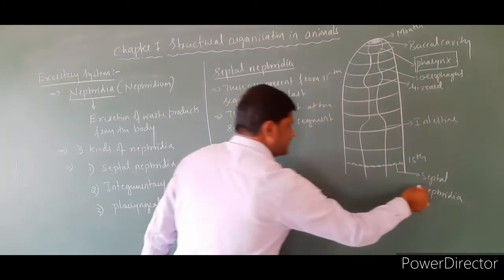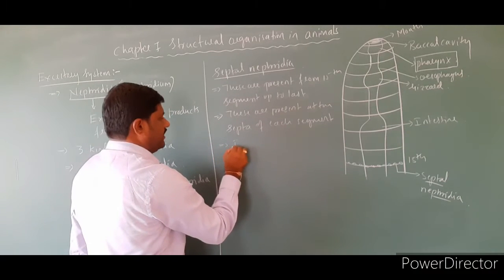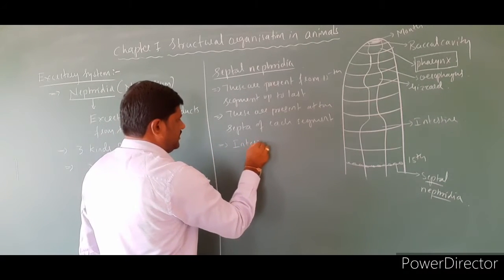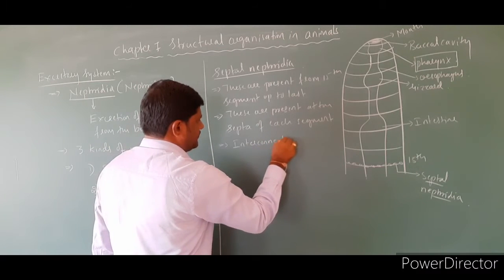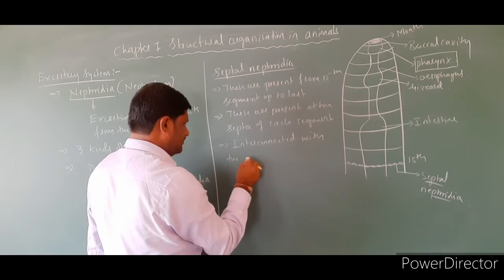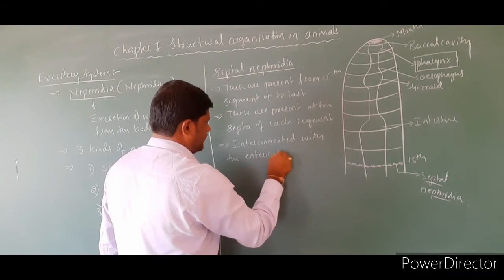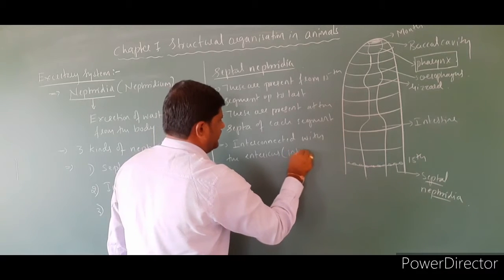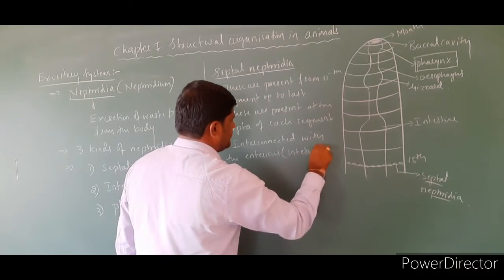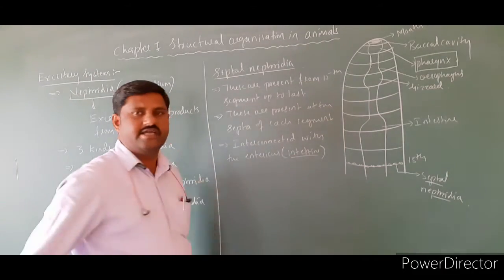These kind of septal nephridia are interconnected with the enteric canal, or intestine. What is it? Intestine. So it is linked with the intestine.